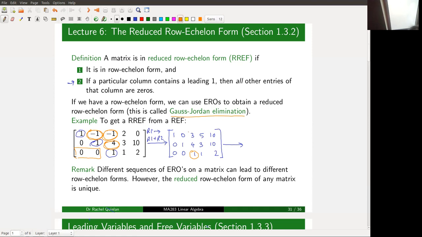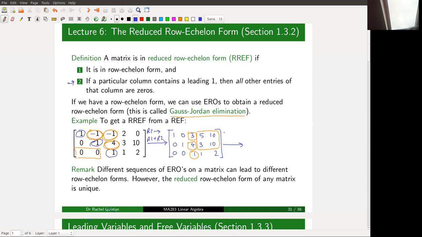What do I have to add to 3 to get 0? Answer is -3, so I should subtract 3 times row 3 from row 1. And at the same step, we should subtract 4 times row 3 from row 2. That will eliminate those 3 and 4 there in column 3. And of course, it will have an effect on the entries in these positions, but we just keep track of that.